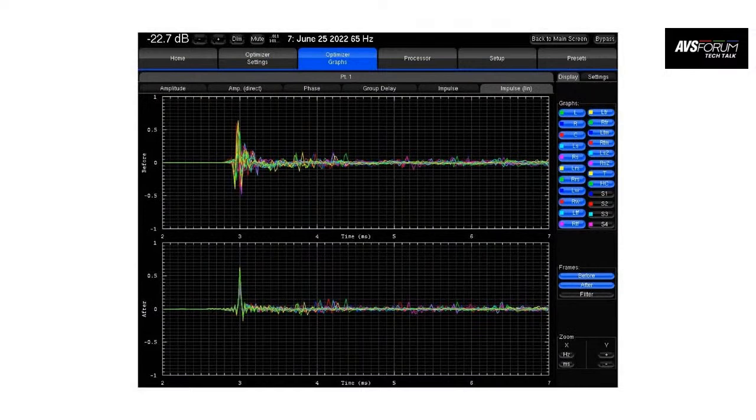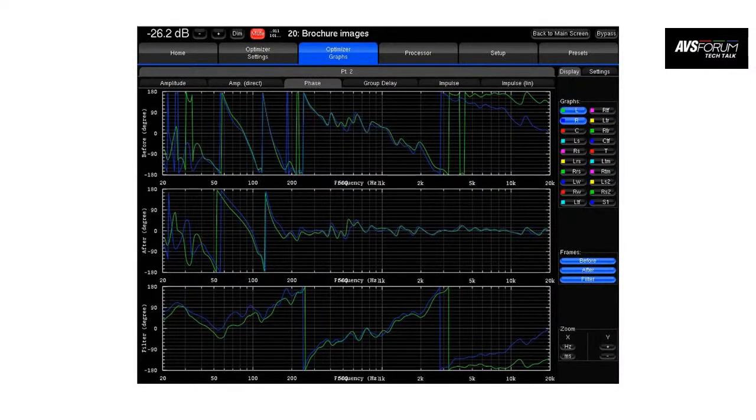And we have a couple of graphics there to show the phase measurements. This is, I think, with LCR again. No, this is just left and right speakers. Okay. So we can see that there's a couple of phase rotations at low frequencies. There's a couple at 200 hertz, and then the ones at higher frequencies are around the crossover point.